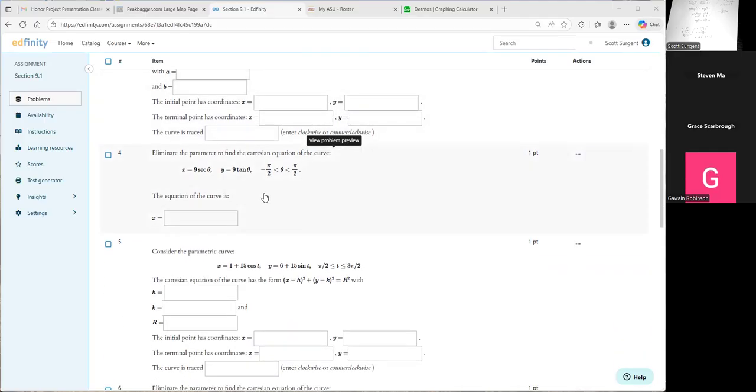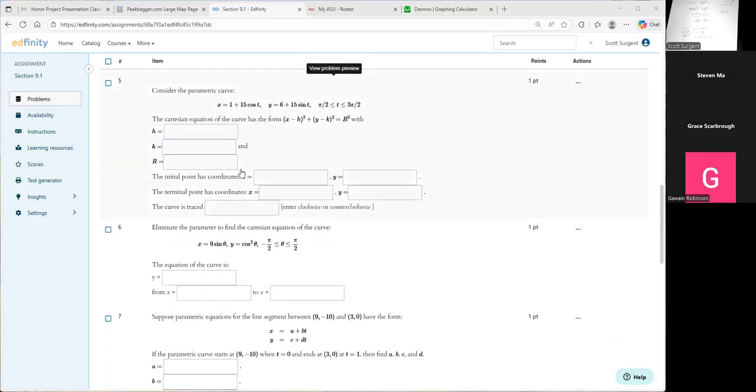For 4 with secant and tan, I would do the same thing where you use the Pythagorean relationship: tangent squared plus 1 is secant squared. And then do like we did previously, where you set secant theta as x over 9, tan theta as y over 9, and then just pop them into that identity. And again, you'll get an equation, but then also graph it on Desmos to see what it looks like. Make sure you're doing it right.